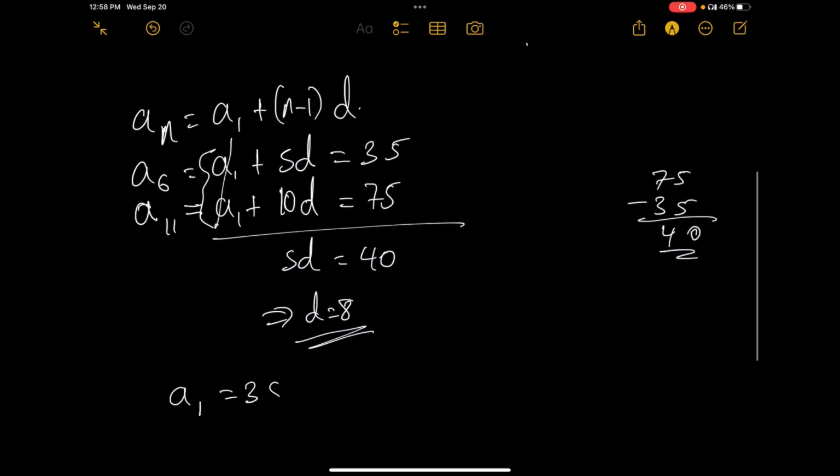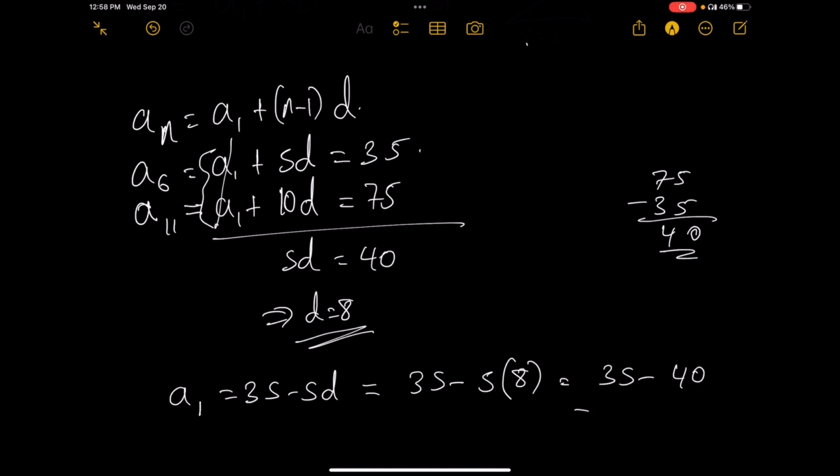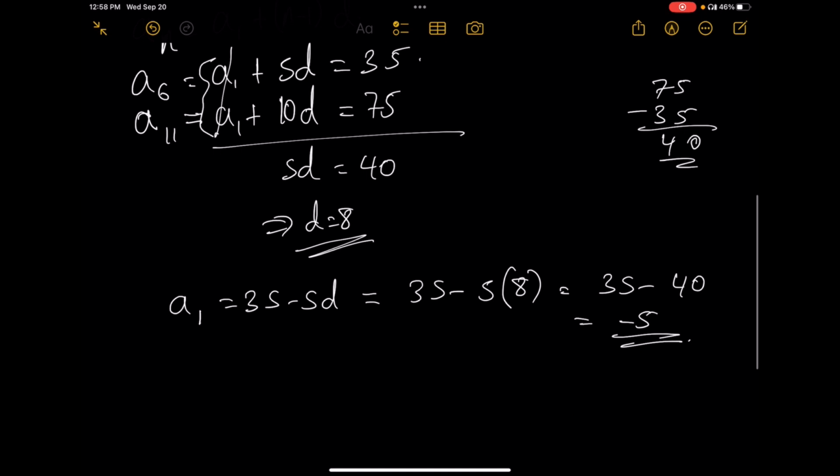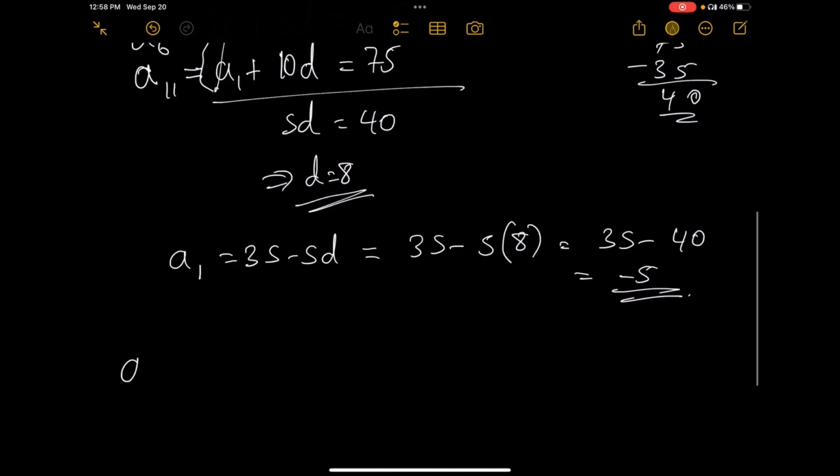So D is 8. What would A1 be? It is 35 minus 5D, from the first equation: 35 minus 5 times D, D is 8, 5 times 8 is 40, 35 minus 40 is negative 5. So A1 is negative 5. Then we have found An is equal to A1, which is negative 5 plus N minus 1 times the common difference D, which is 8.